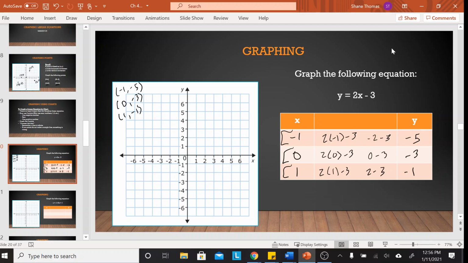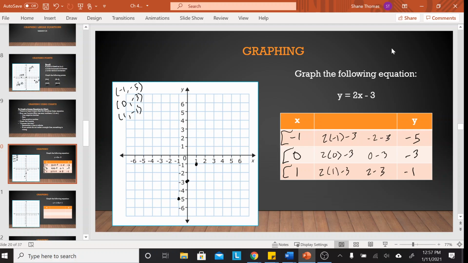Okay, so now let's graph those points. First one, -1, -5. So I'm left 1 and down 5. It goes right there. Then 0, -3. I'm not right or left at all, but I'm down 3. That would be that point. And then the last one is 1, -1: 1 to the right and down 1.